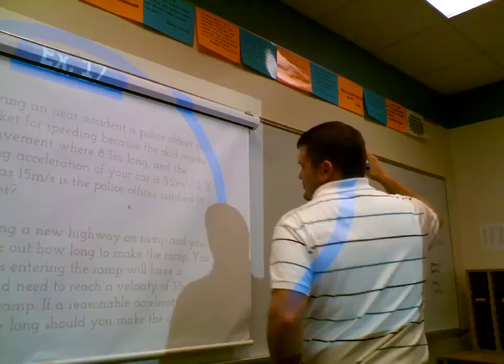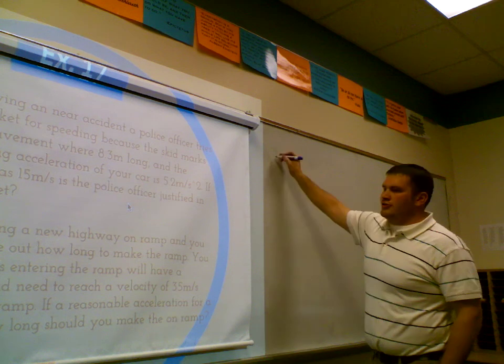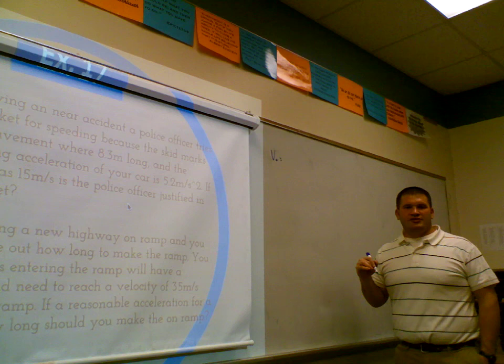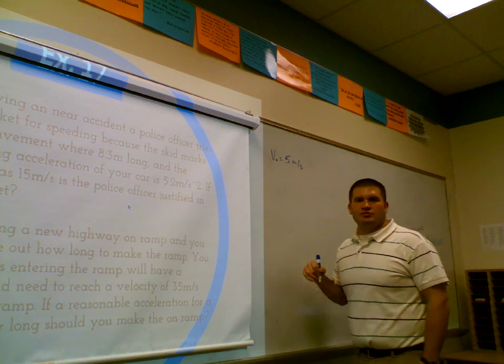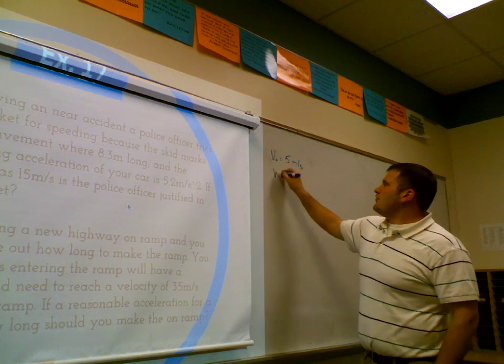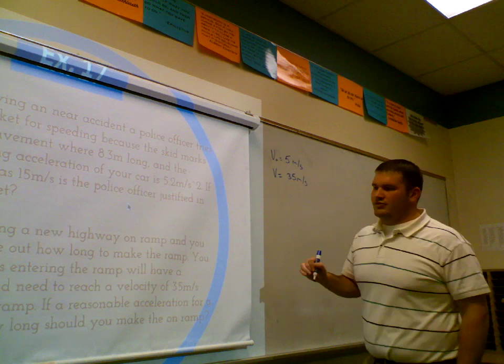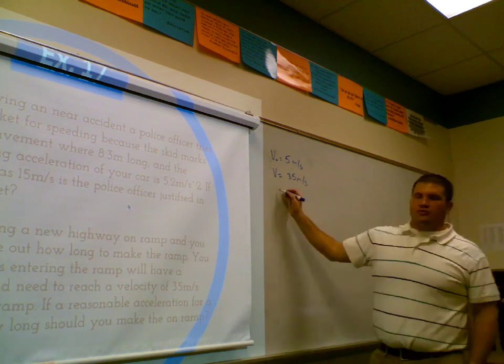All right, guys. So, what do we know? Initial velocity is 5 meters per second. What else do we know? Final velocity is 35 meters per second, right? What else?